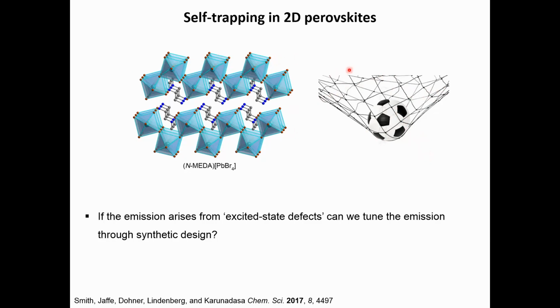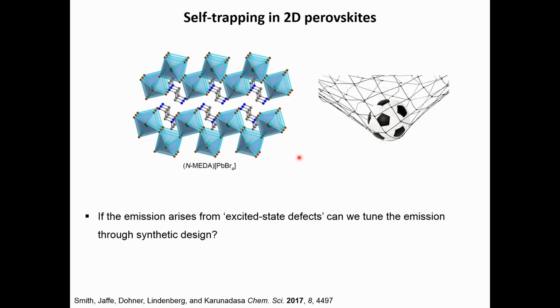And I can argue that if I change the weave or the fabric of the net, I can change how much the ball sinks. A tighter weave, a looser weave surely should change how deformable the fabric is. And likewise, we thought it was still worthwhile to look for trends in crystal structures to see when do we get white light emission from this material.